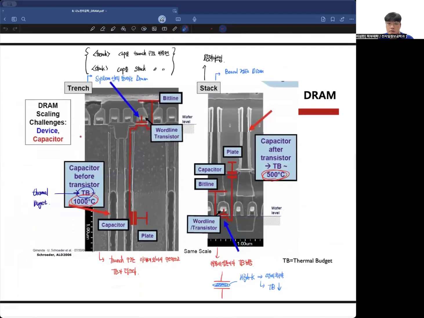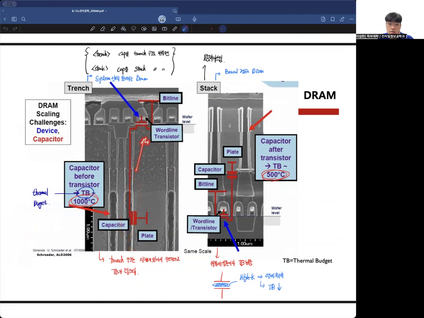And then there are two types of DRAM structure. This is the cross-sectional view of the DRAM. First is the trench structure. The capacitor is made by the trench process. This is the capacitor and this is the transistor.